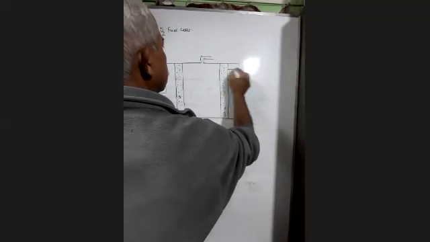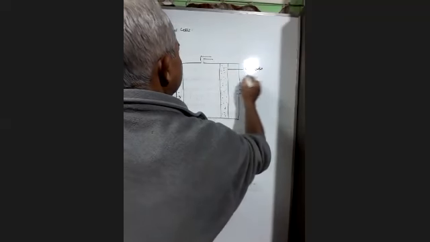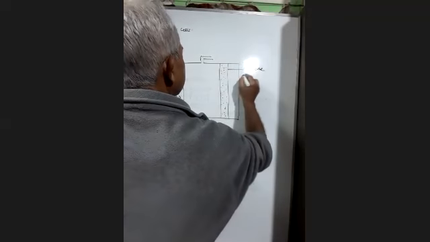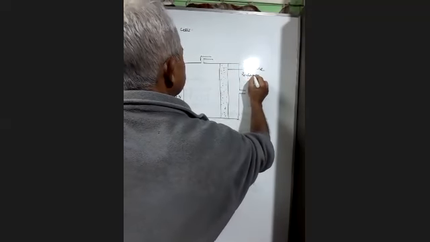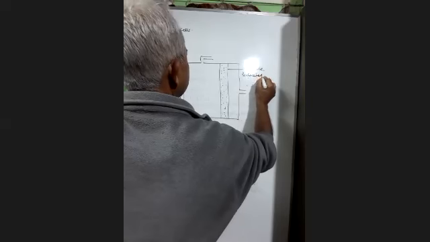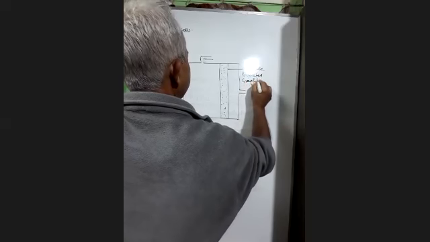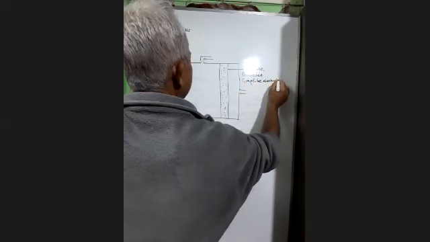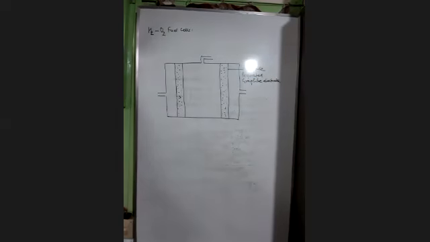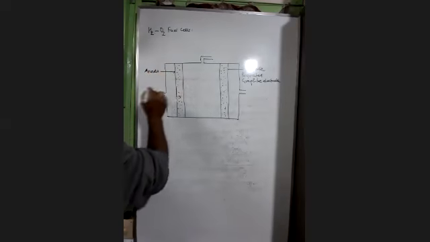This is cathode. What is this? Perforated graphite electrode. This is anode.